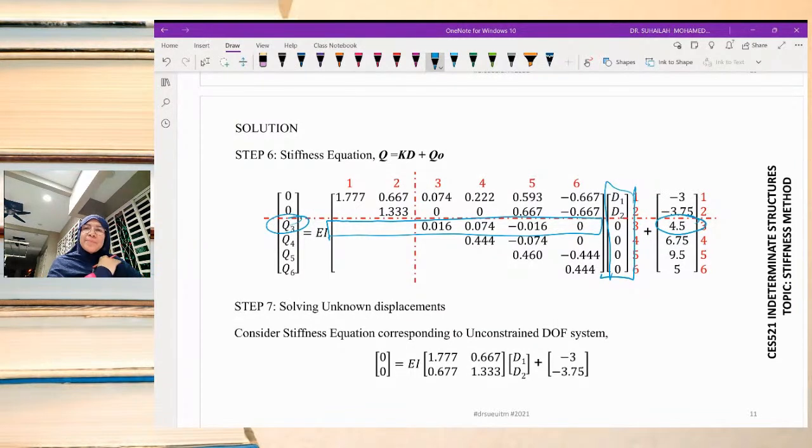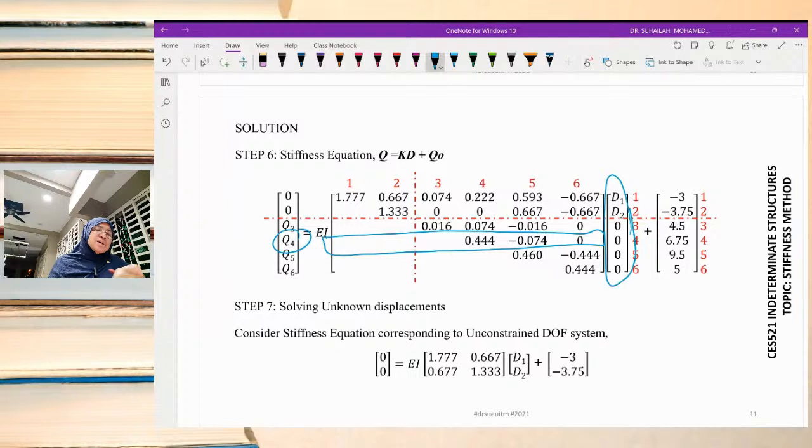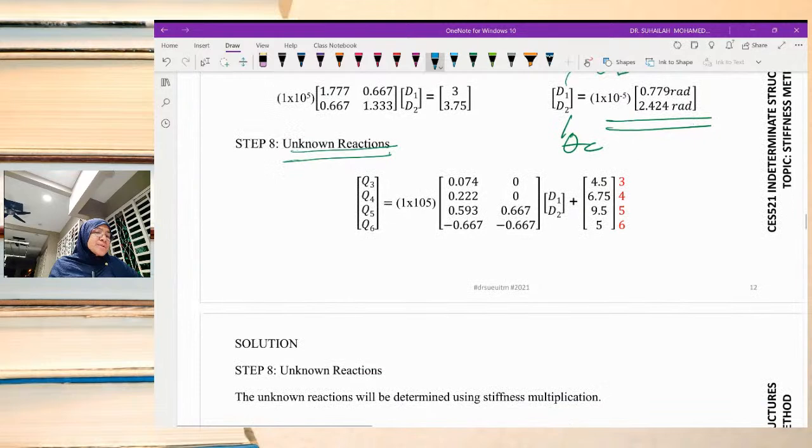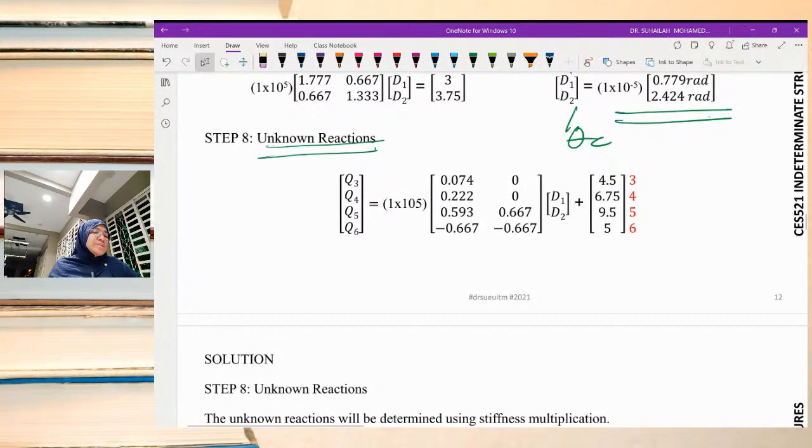So line number 3 times displacement plus 4.5. Same goes to Q4. Whenever we want to calculate the value of Q4, it means line number 4 times displacement plus 6.75. So the mathematical process is like this, but I have shortened this into this.